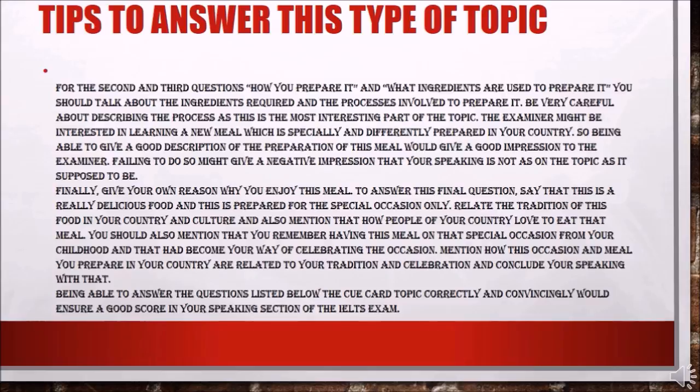You should also mention that you remember having this meal on that special occasion from your childhood and that had become your way of celebrating the occasion. Mention how this occasion and the meal you prepare in your country are related to your tradition and celebration, and conclude your speaking with that. Being able to answer the questions listed below the cue card topic correctly and convincingly would ensure a good score in your speaking section of the IELTS exam.